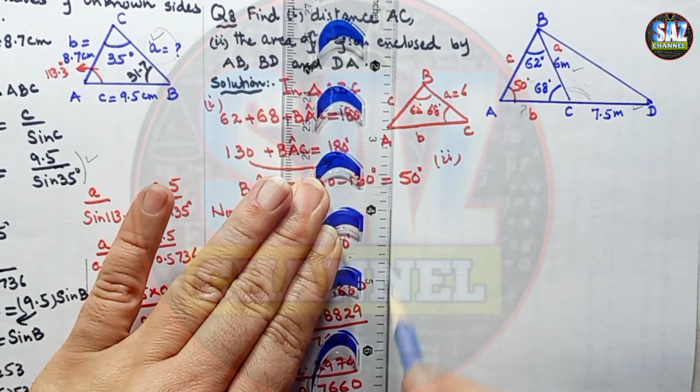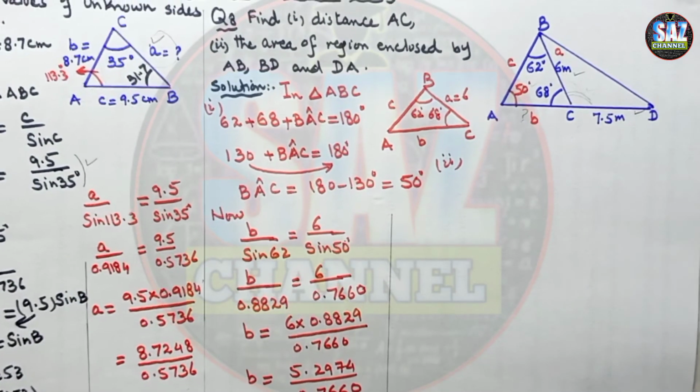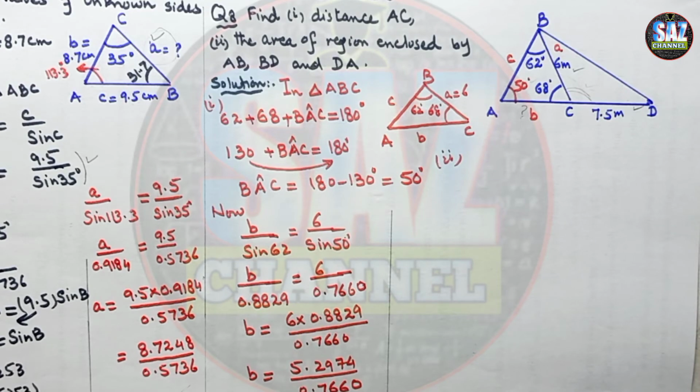Now look, the question is asking for finding the area of this whole region. There are different ways of finding the area of this region.